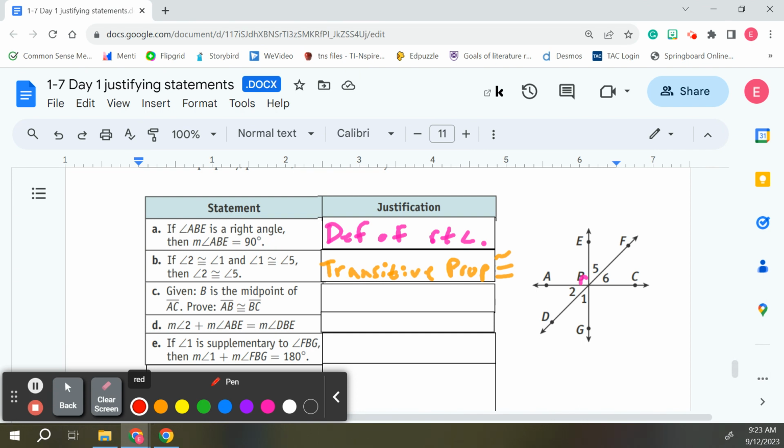Midpoint. So what is the midpoint thing? Is it a definition? Is it a theorem? Is it a postulate? Is it a property? What do we think? Definition. So I'm going to write down the definition of midpoint.